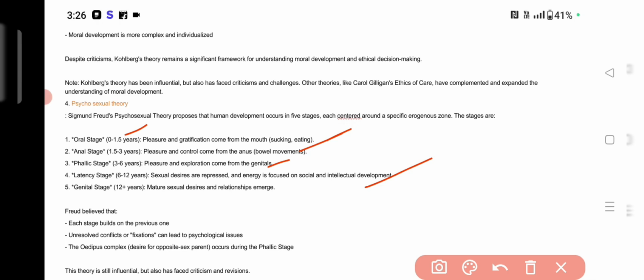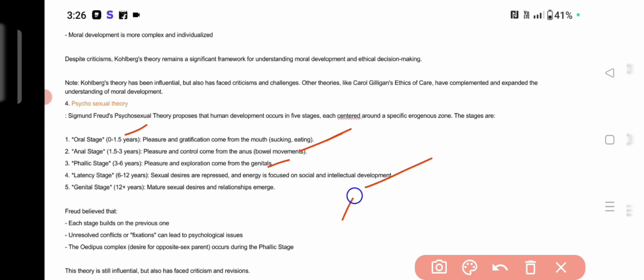And coming to the genital stage, that means from 12 years, the adolescence age, mature sexual desires and relationships emerge. The key developments are the mature sexual desires and relationships, and then the integration of the previous stages and experience, and development of adult sexuality and intimacy. So here there will be emotional maturity and stability and capacity for love and commitment and mutual respect and everything.